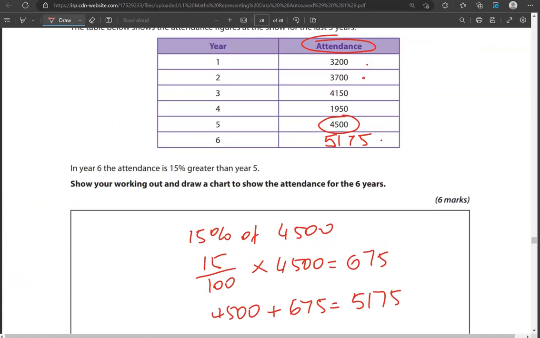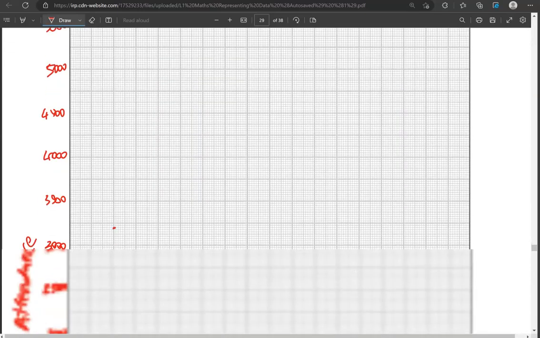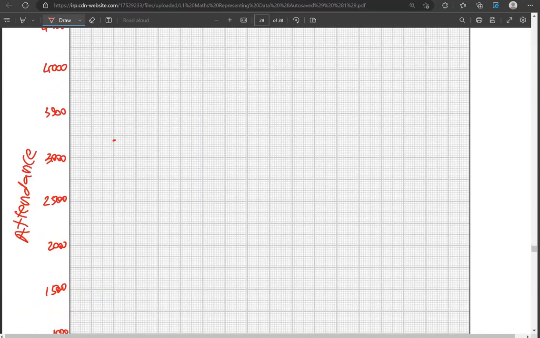Year 2, we've got 3,700. So 3,500, and we'll add 200 more. So that is 8 little squares.